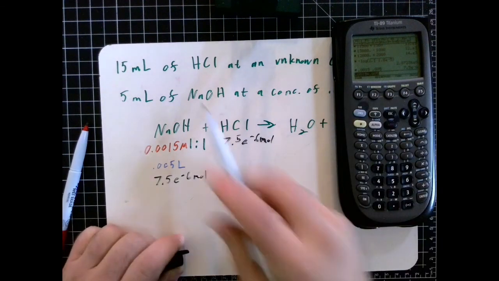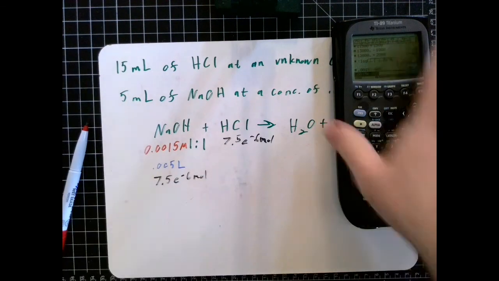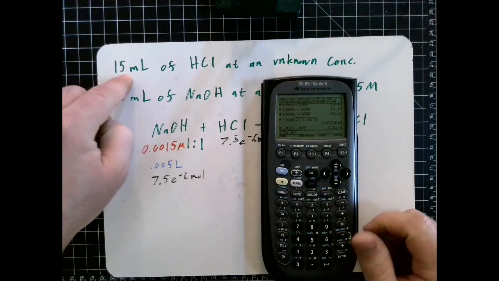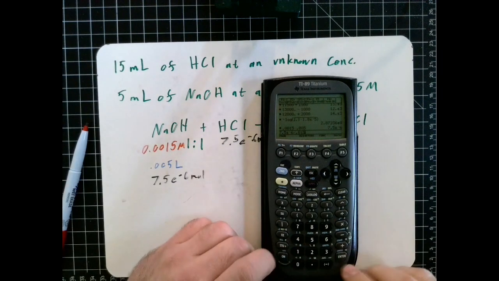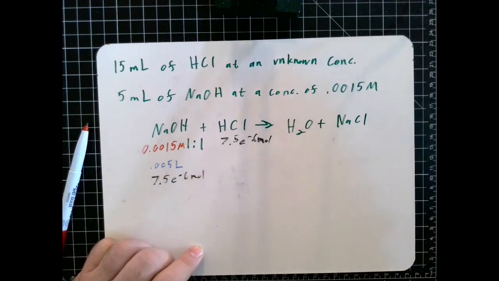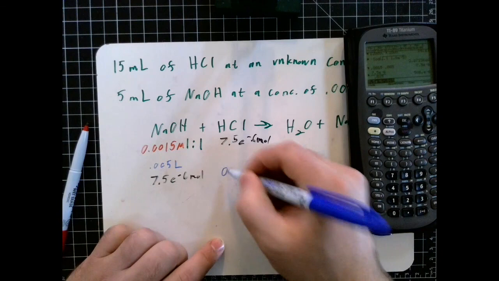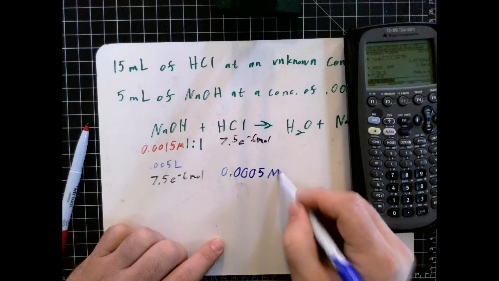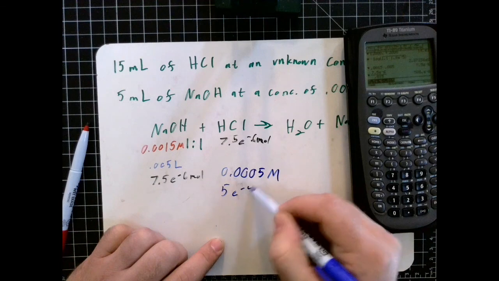So then I have 15 milliliters of HCl, so I'm going to divide by my volume. I'm going to take 7.5 e to the negative 6 divided by, and I need that in liters, so 15 milliliters is 0.015 liters. And so my concentration is going to be 0.0005 molar. We could also say 5 e negative 4.